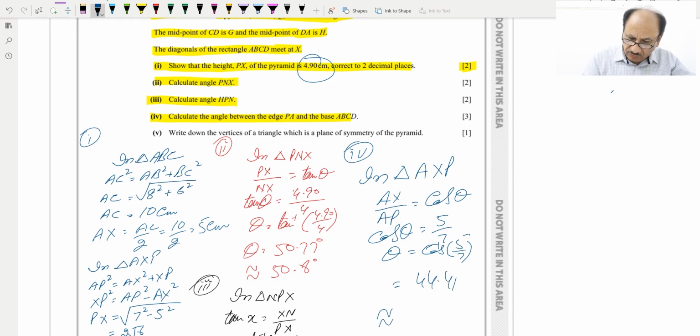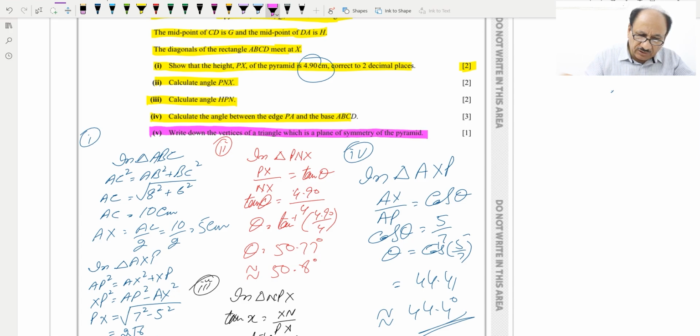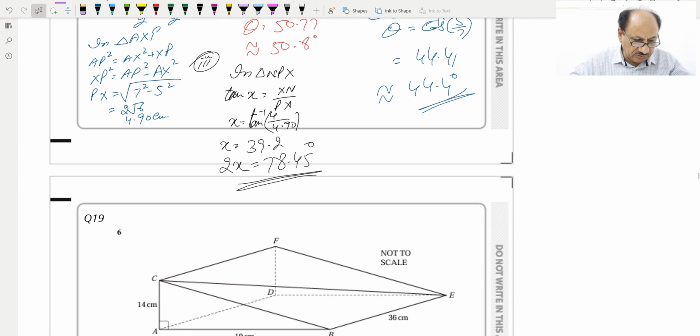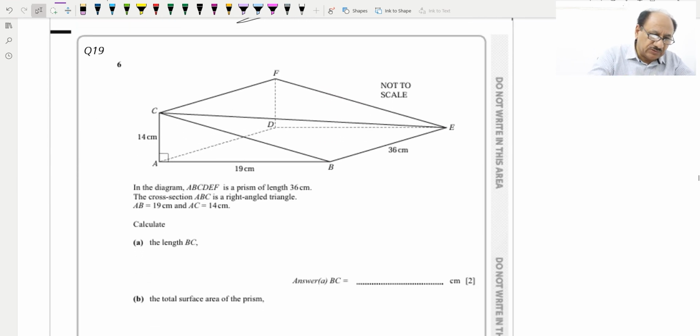So we can round it to 44.4 degrees. This is the final answer. And the last part, write the vertices of the triangle which is a plane of symmetry of the pyramid, is not part of this topic, so I'm skipping this one. We'll go ahead with the next question, question number 19.